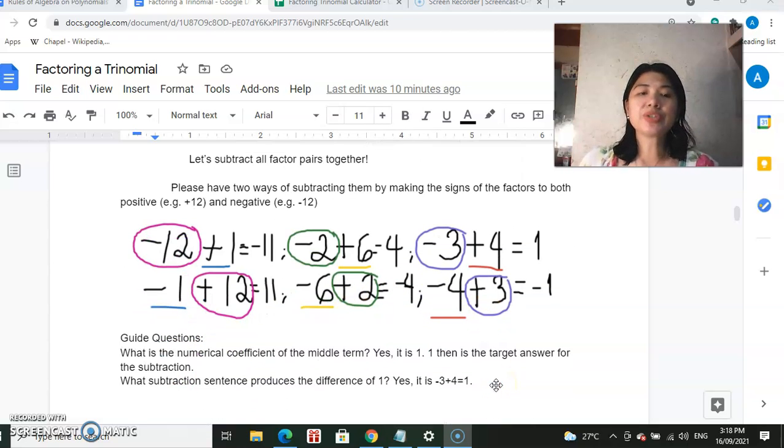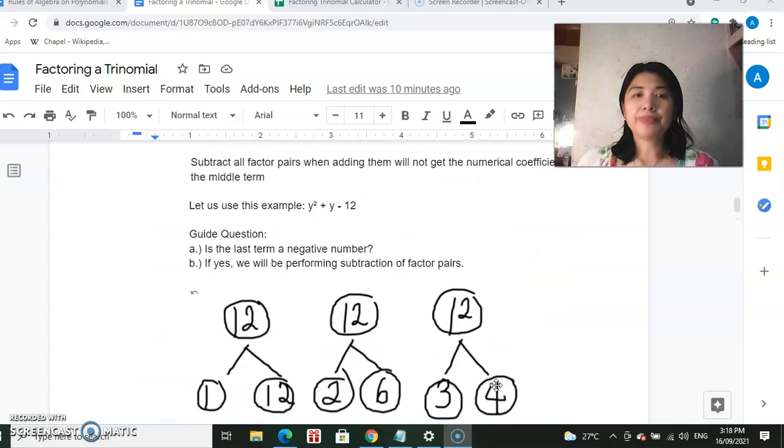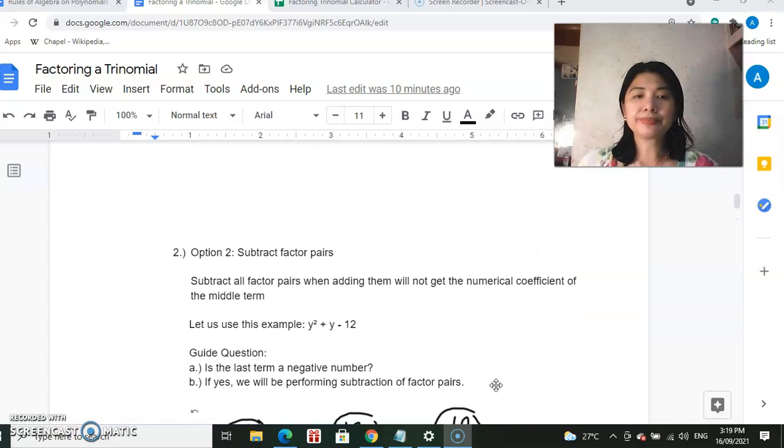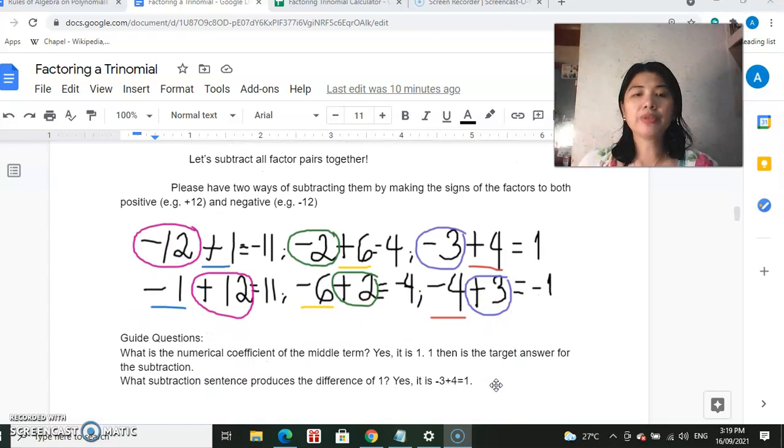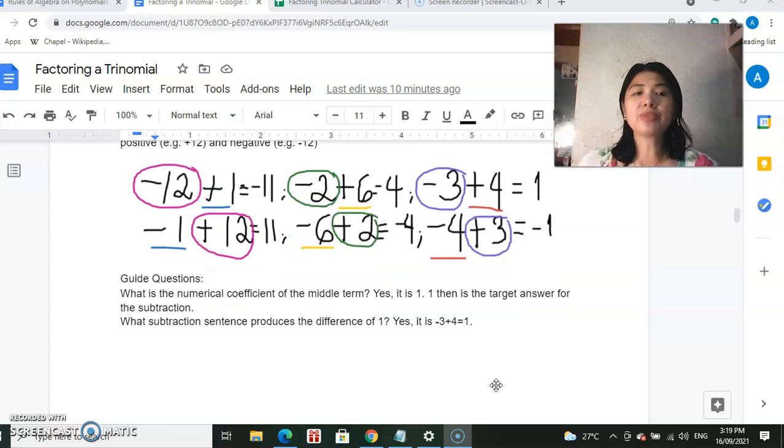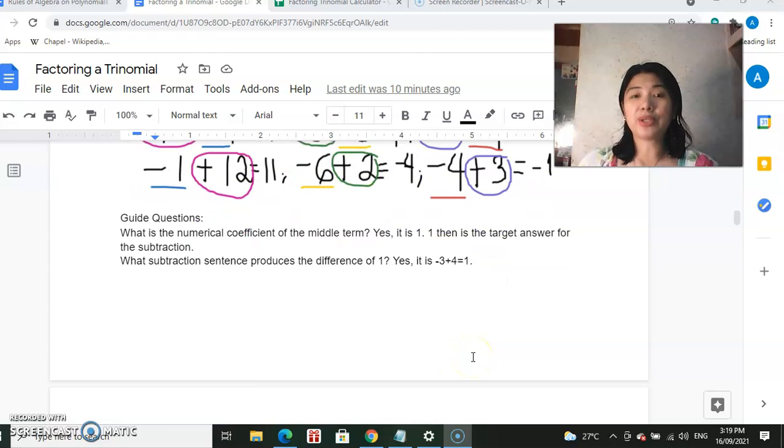Now another guide question: what is the numerical coefficient of the middle term? The middle term is x, so the numerical coefficient is 1. So our target answer for the subtraction is 1. What subtraction then produces the difference of 1? Yes, it is negative 3 plus 4, which is equal to 1.